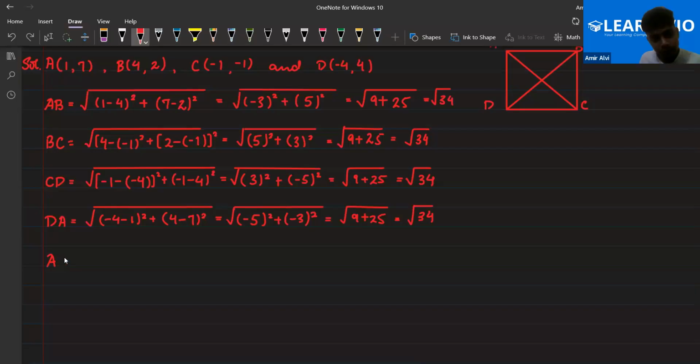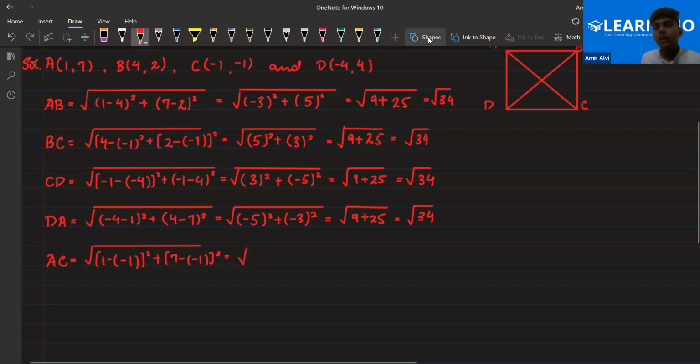AC is equal to, so AC, 1 minus of minus 1 square plus 7 minus of minus 1.